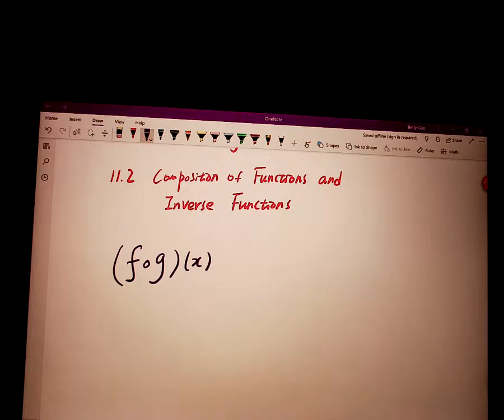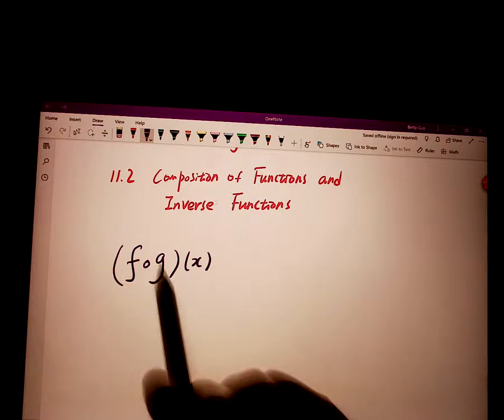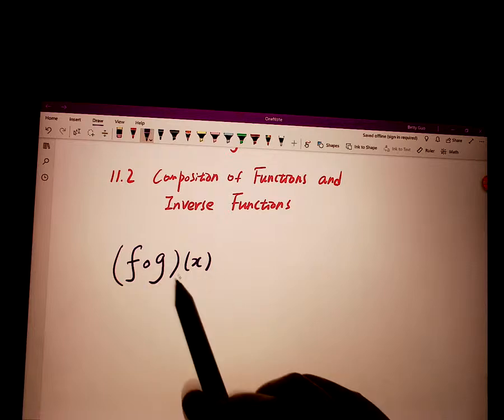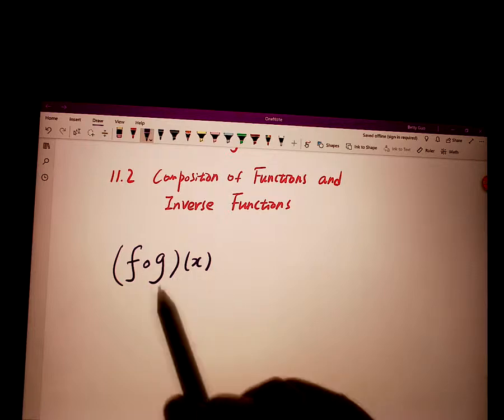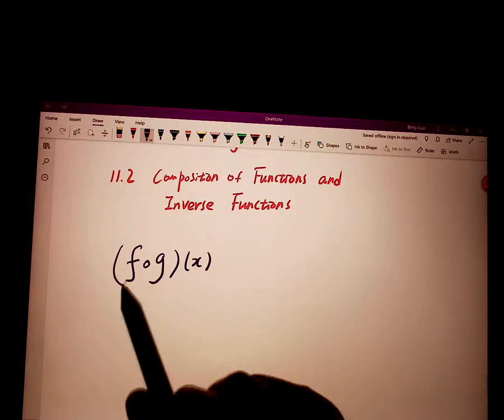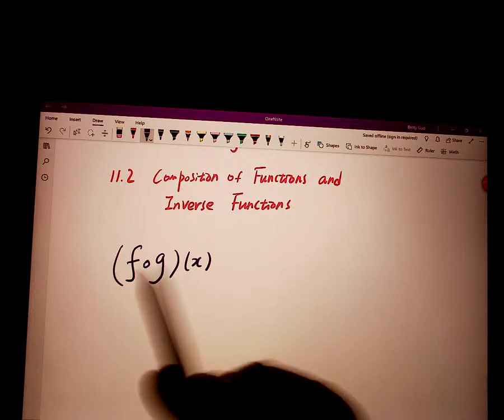F circle, a small circle between f and g. This notation represents the composite function with the inside function g and outside function f. It is a composite function.